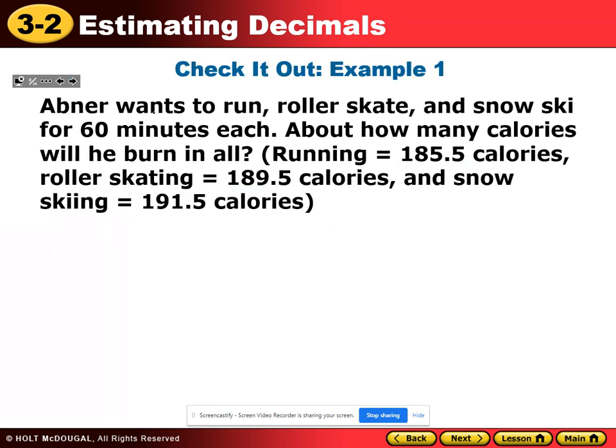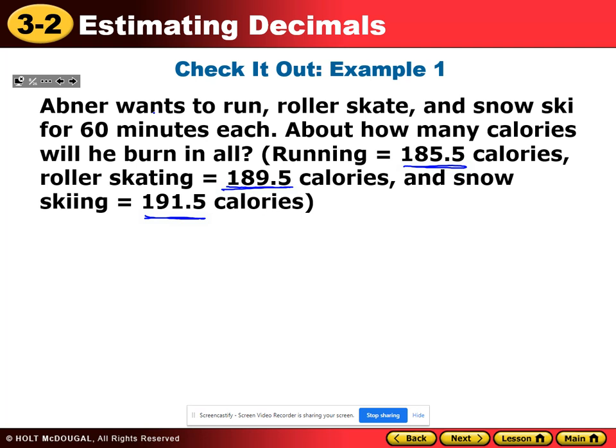So here, look at this. If they do it for 60 minutes, we have 185.5, we have 189.5, and we have 191.5. Now, for what you're doing here, you're going to need to make a decision. What number do we cluster to? Well, I've got my number in mind. Pick one out for yourself. Pause it if you need to.